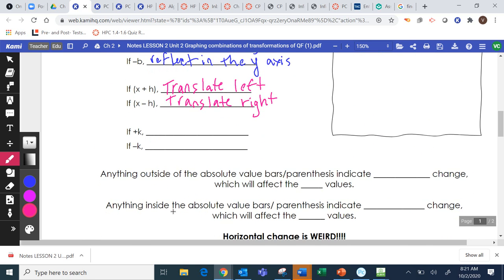Okay, so if we have a plus k, Brooke, if we have a plus k, thank you, good job. And Gennaro, if we have a minus k, what will we do?